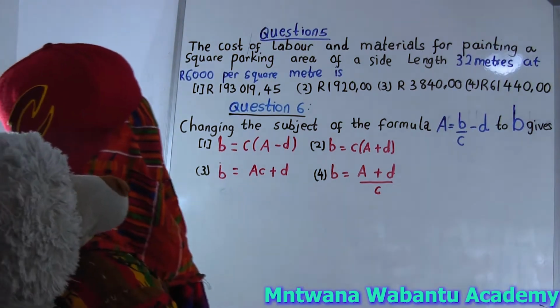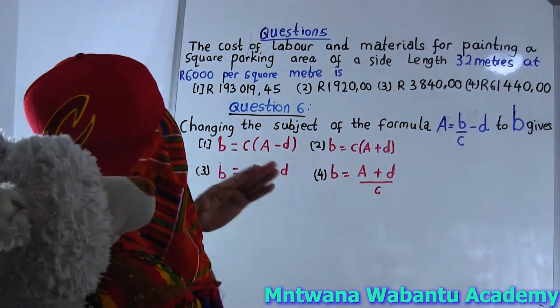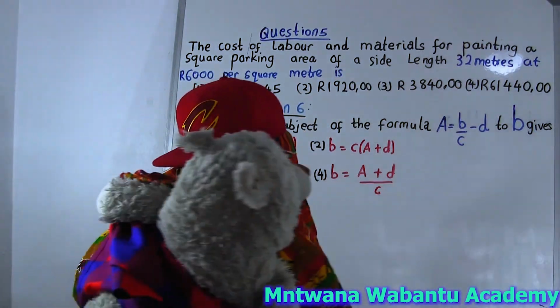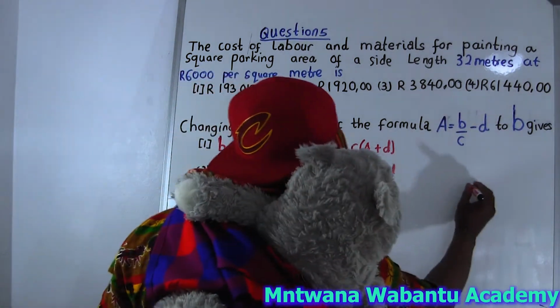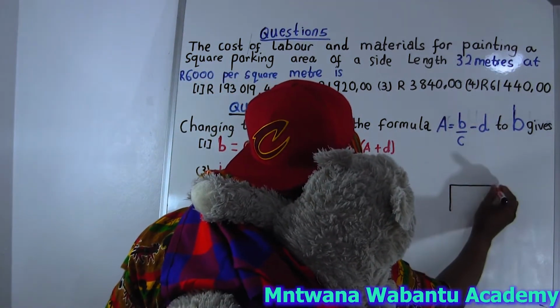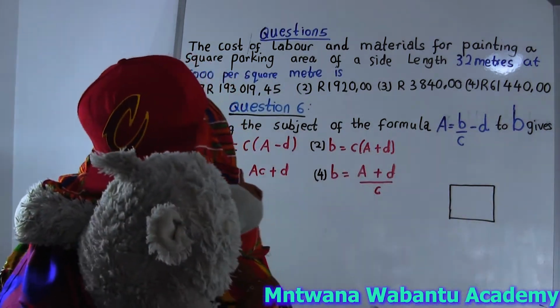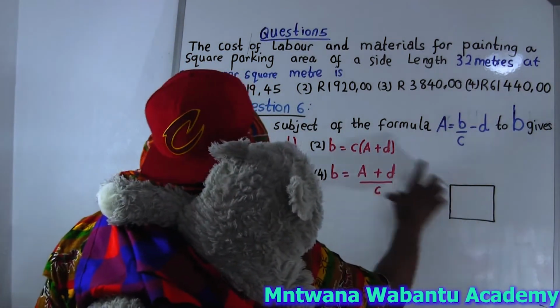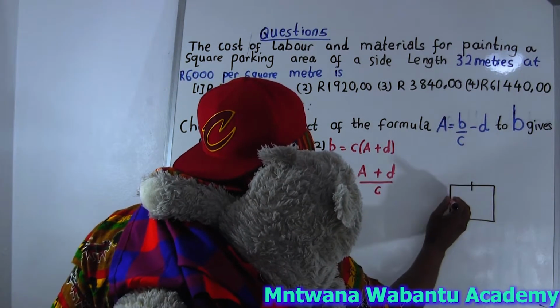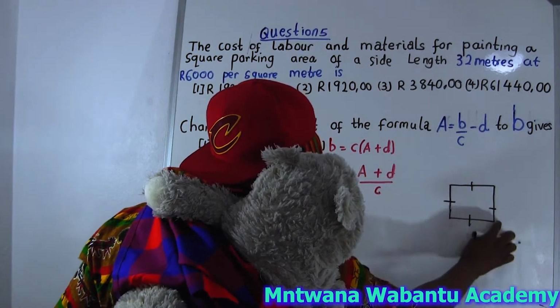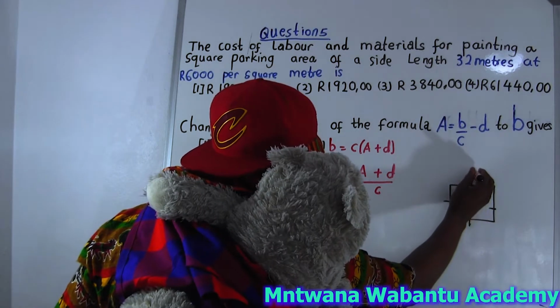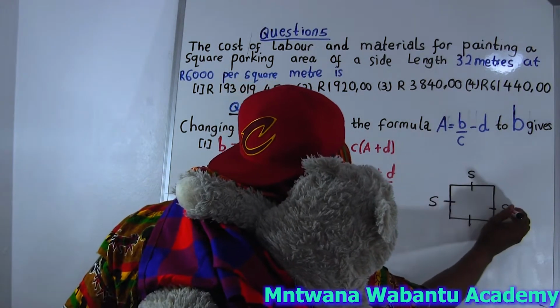So let's say here the cost of the labor and material for painting a square parking. Let's say we have a parking here. It could be bicycle parking or car park, or football park, or parking for whatever. But it says square parking, which means all the sides must be equal, this side equal to this side, equal to this side.